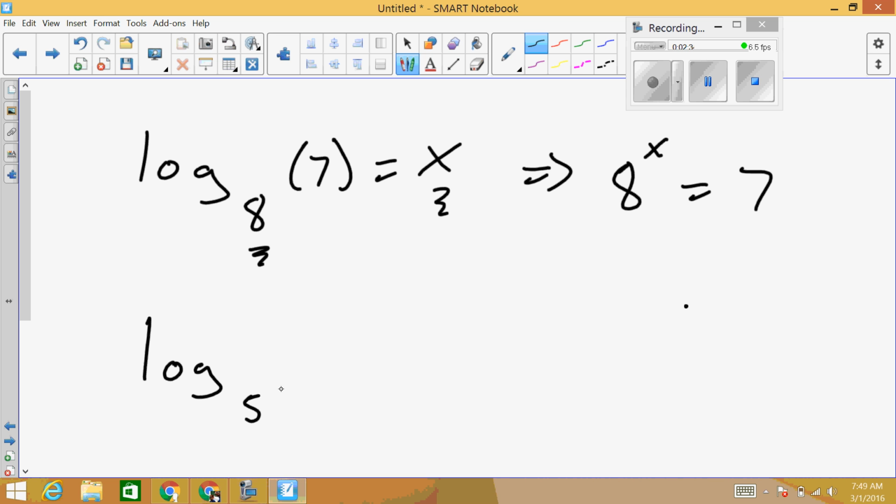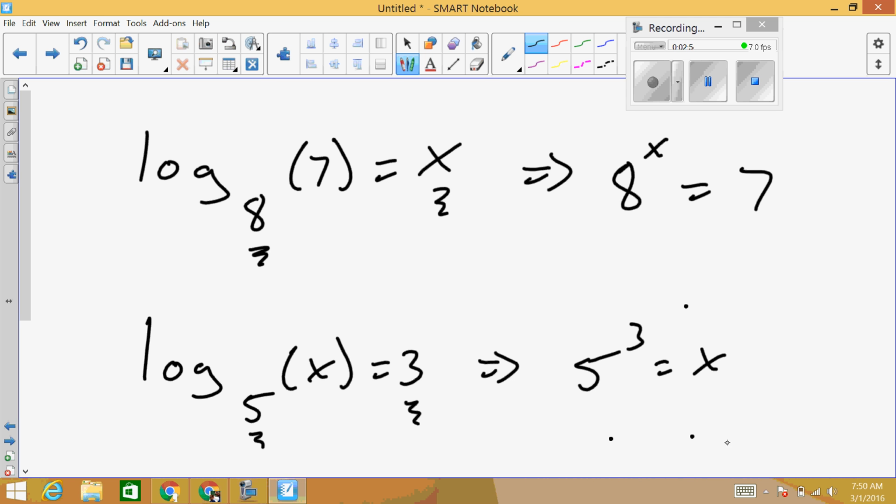Let's go log base 5 of x equals 3. We'll rewrite that in exponential form would be 5, our base, to the third power equals x. And now that we rewrite this one in exponential form, we can actually go ahead and solve this. 5 to the third power we know is 125, so x is 125.